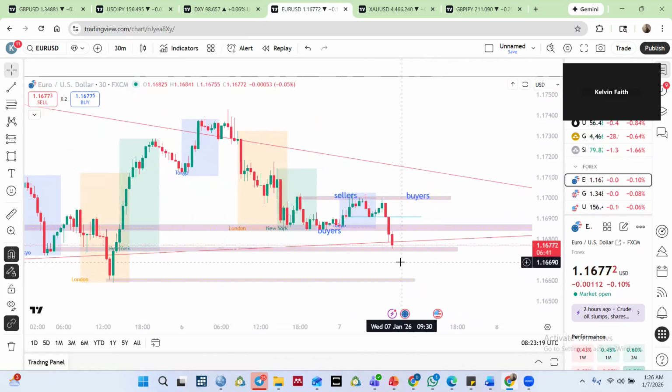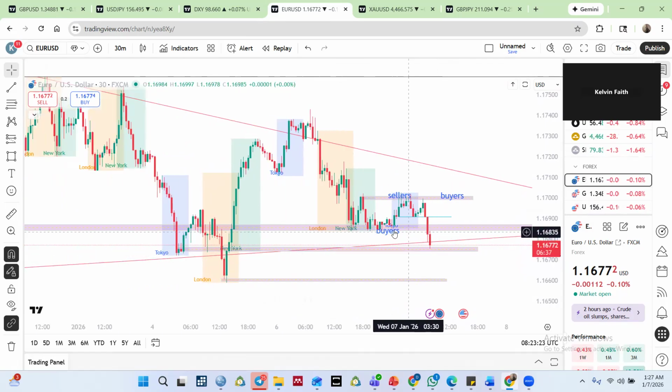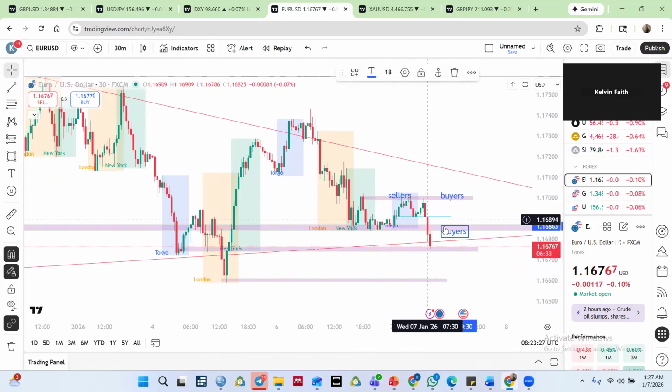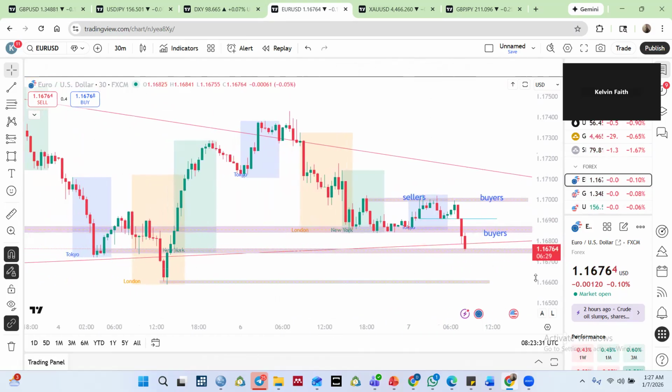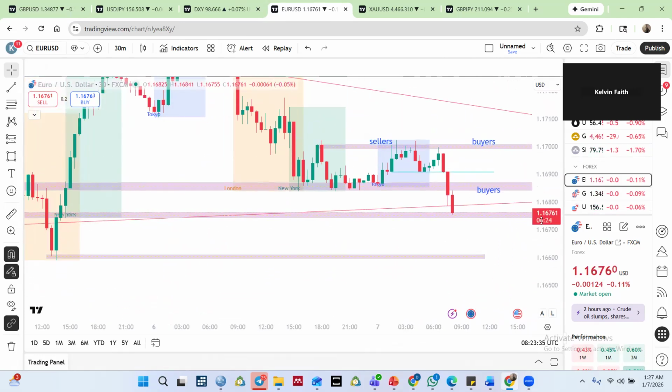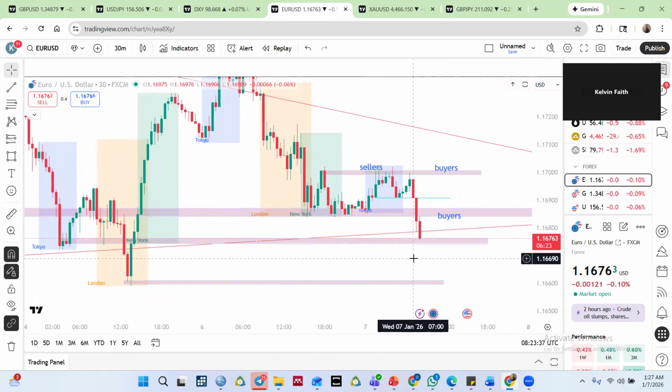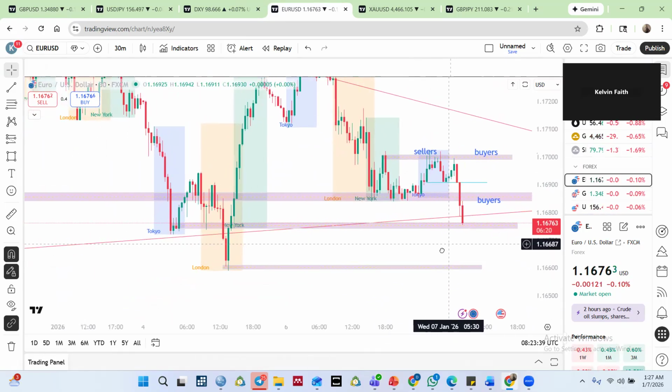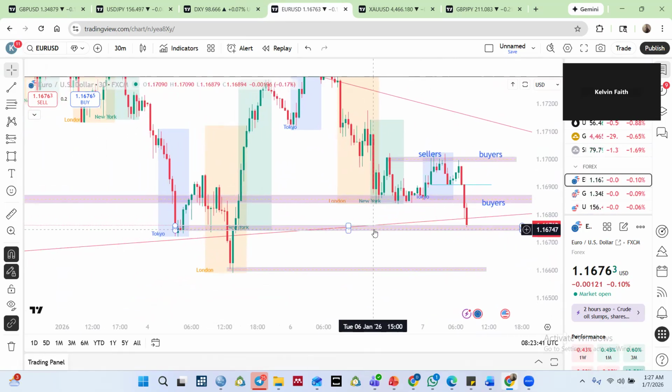Even for me to buy from where price is right now, it needs to be above this zone again, where the buyers are. Other than that, I'm not going to buy. I'd rather be looking for sells, but I just don't want to jump on a sell because I see price breaking down right now.